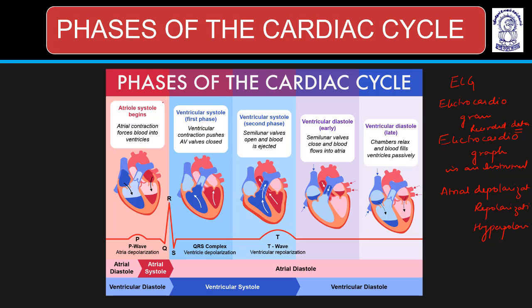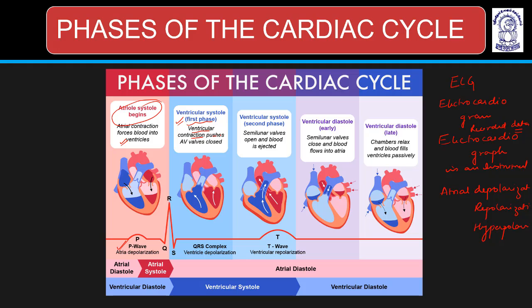The atrial systole begins with the atrial contraction, which forces blood into the ventricles. It is represented by the P wave. The P wave of ECG represents the atrial depolarization or atrial systole. Then comes the ventricular systole, which is of two categories, early and late.